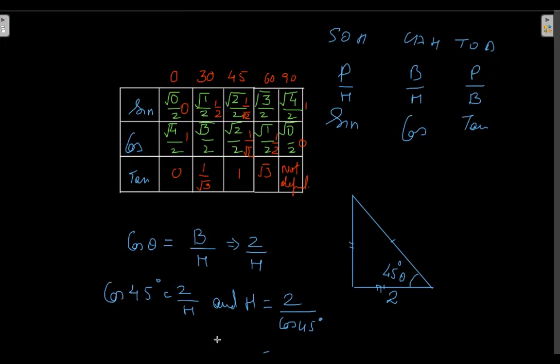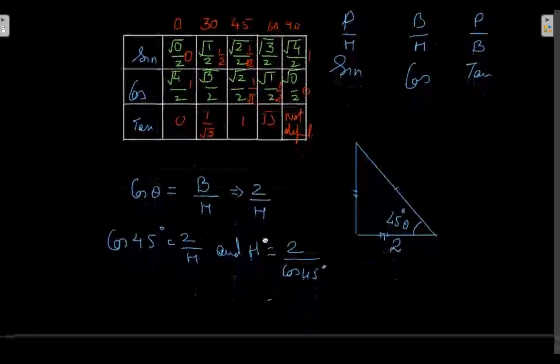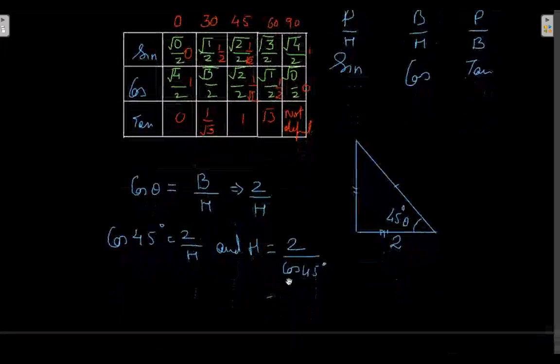Now we have got pretty much the values of all the important angles here. If we take cos 45, cos 45 is what? 1 over root 2. So we substitute this cos 45 by 1 over root 2.